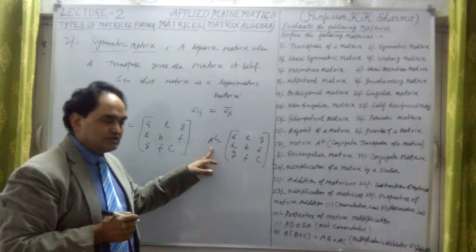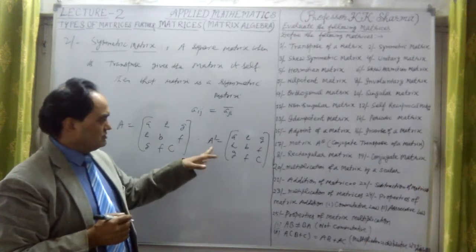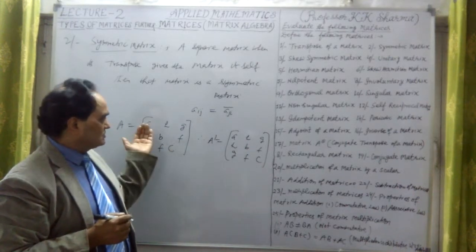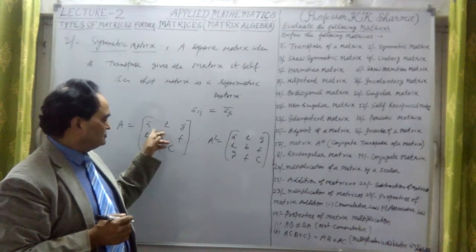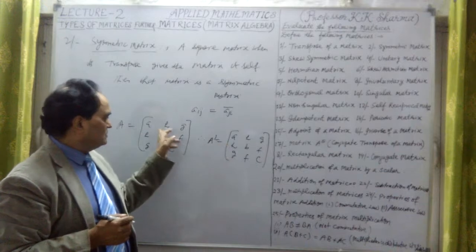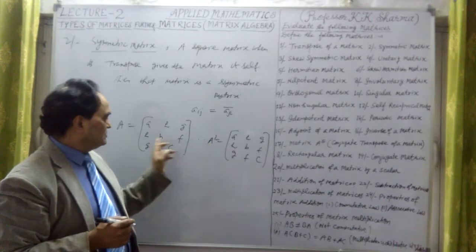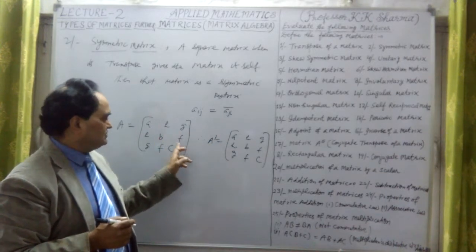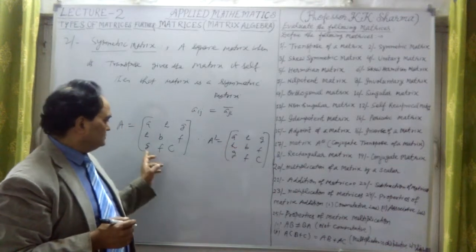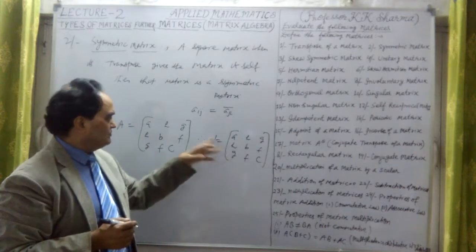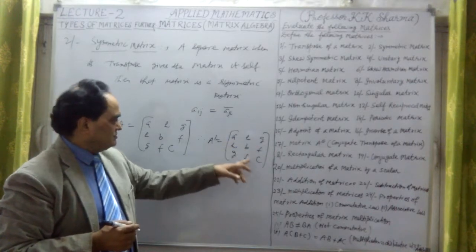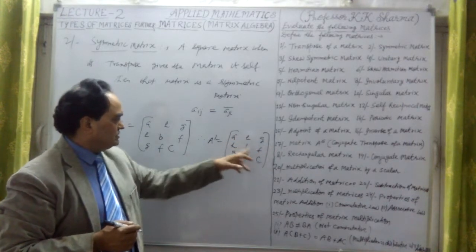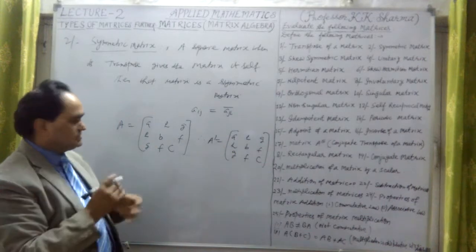Now if I find A transpose, transposing means converting rows into columns. The first row becomes the first column, A, H, G, then H, B, F, then G, F, C. We see the same matrix has been obtained.